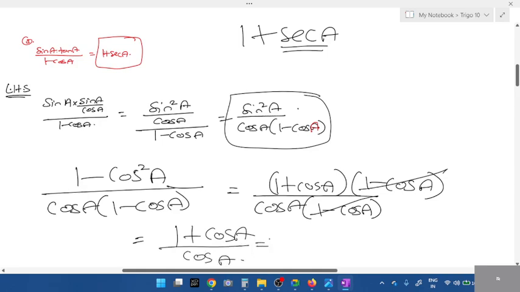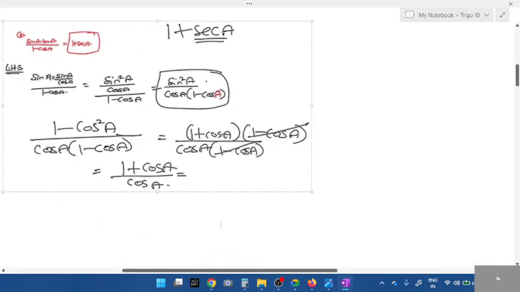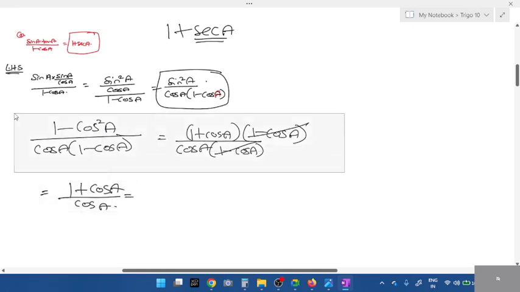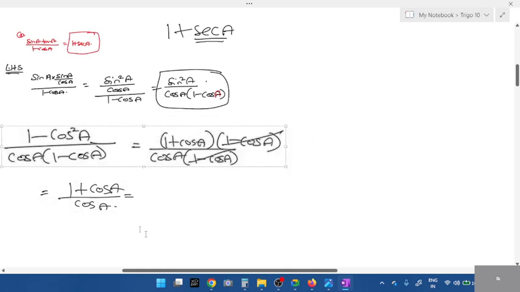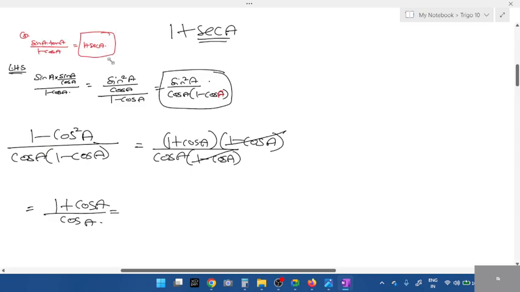Complete it till here. I'll tell you how to convert into 1 plus sec A. All of you complete it till here. So first thing, I converted tan into sine and cos, students. On the right hand side sec was given, so make sure you convert everything into cos on the left hand side.